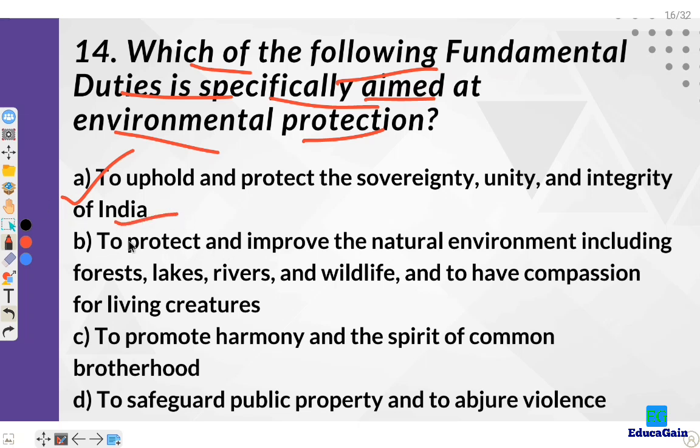B, to protect and improve the natural environment including forests, lakes, rivers, wildlife, and have compassion for living creatures. C, to promote harmony and the spirit of common brotherhood. D, to safeguard public property and abjure violence. The correct answer is B, to protect and improve the natural environment including forests, lakes, rivers, and wildlife.